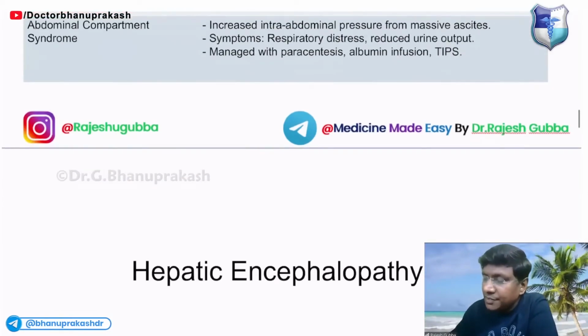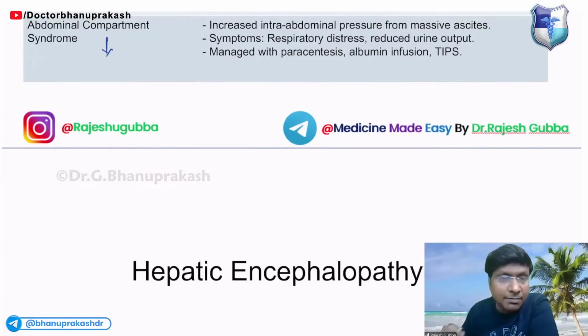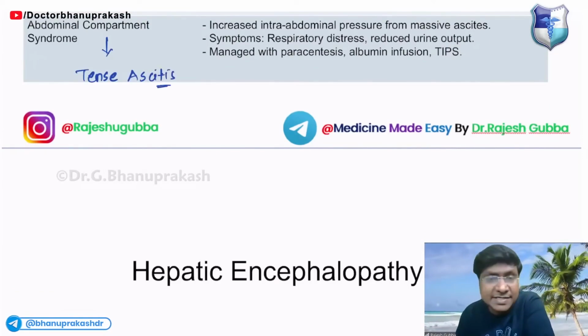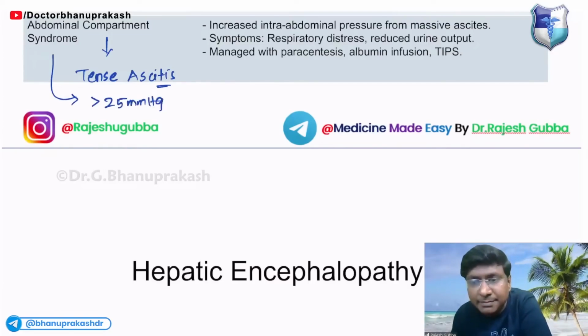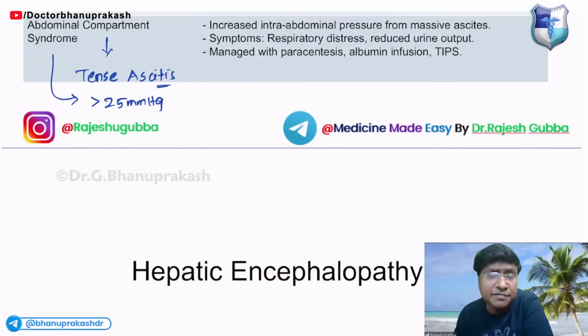Now, another important complication is abdominal compartment syndrome. You will develop this abdominal compartment syndrome when the individual is in a state of tense ascites. In abdominal compartment syndrome, intra-abdominal pressure will be more than 25 millimeters of mercury.